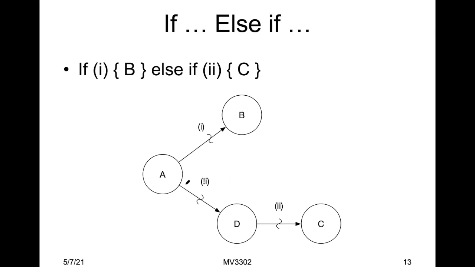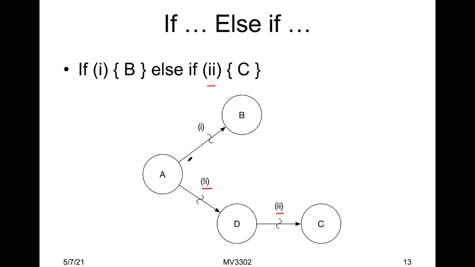For the else, we have the not I, and that's going to schedule a D here. And then in turn, here's the if II, and there it is, just scheduling C. That's the verbose way to do it.